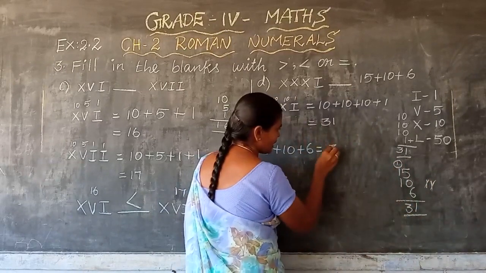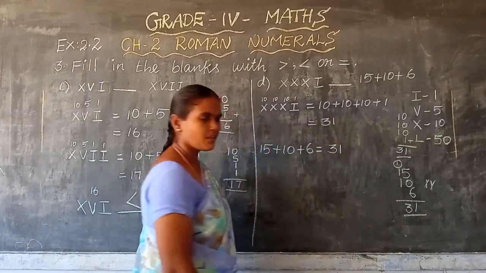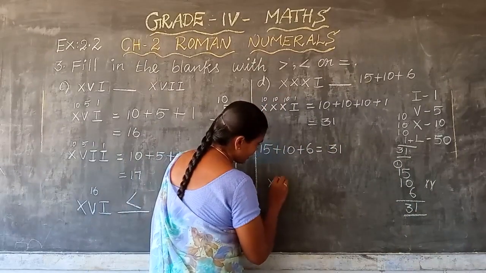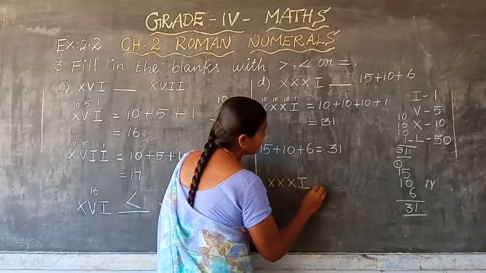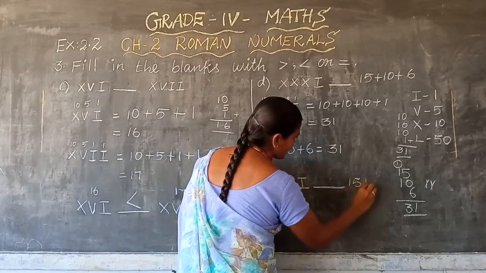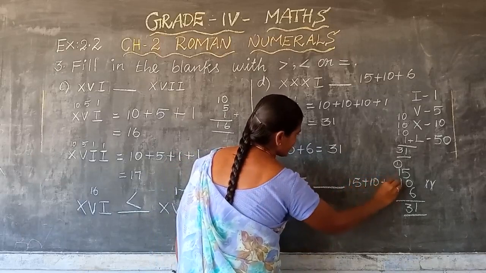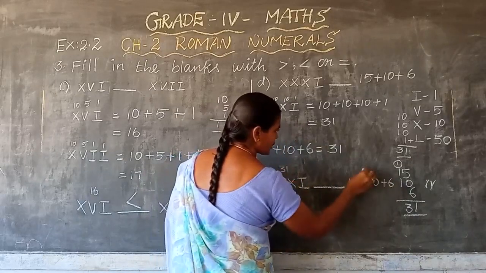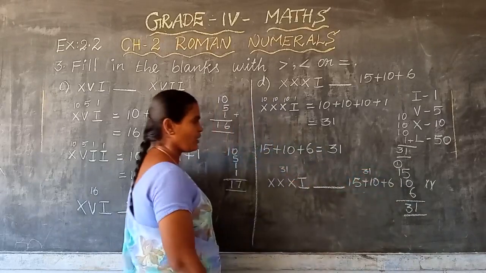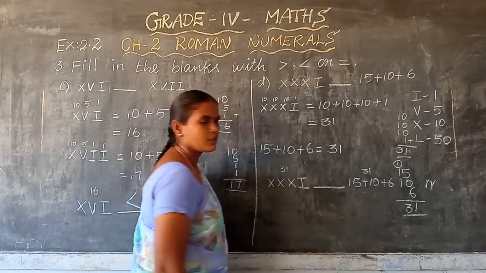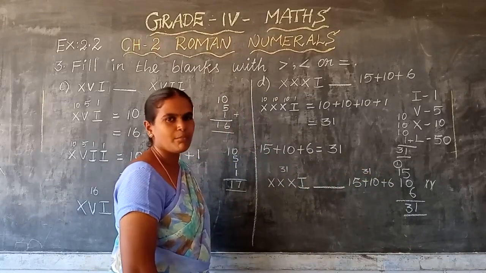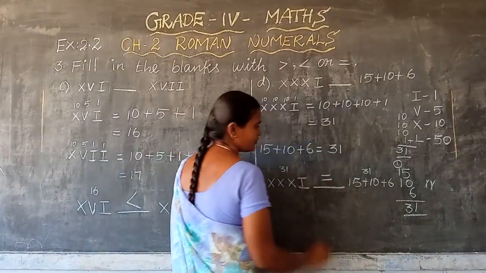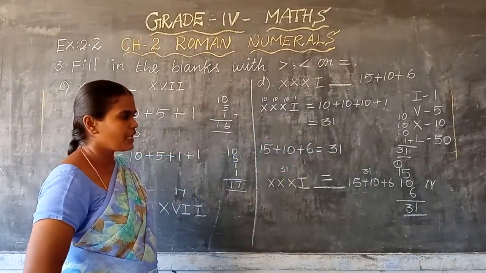So we get the answer 31. See here, XXXI on one side, 15 plus 10 plus 6 on the other. This value is 31. This calculation also gives 31. So 31, 31, both sides are the same number. Same number means we write the equal symbol.